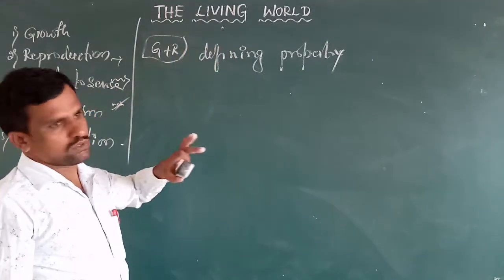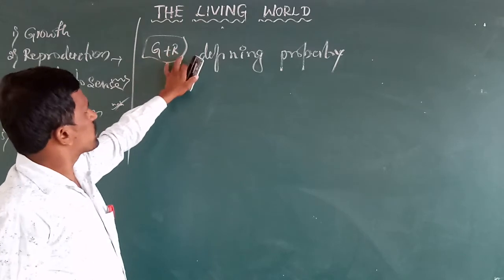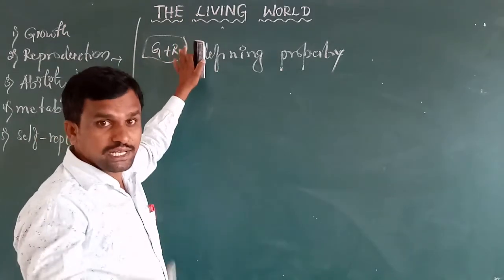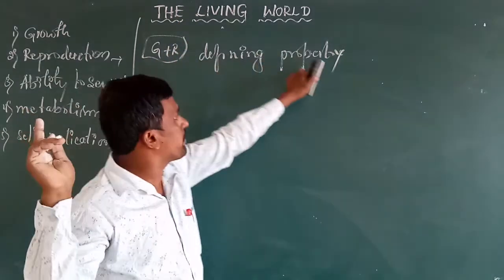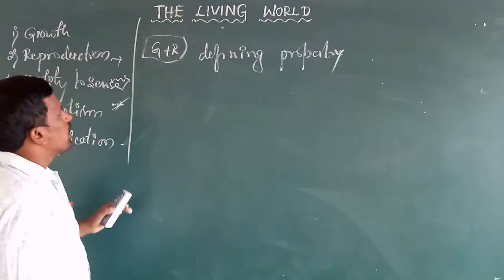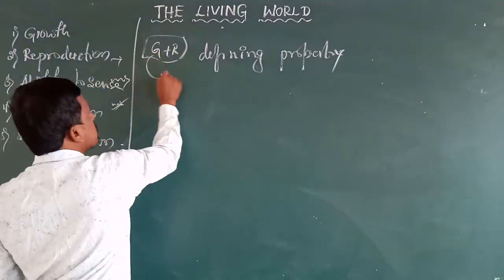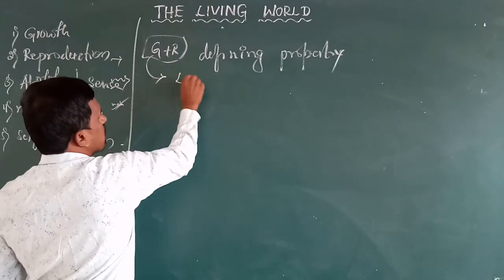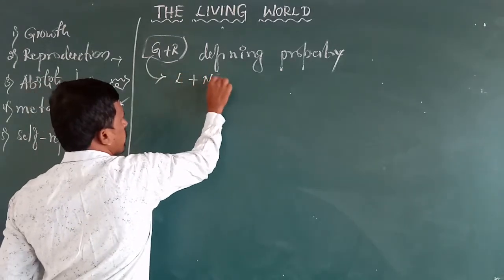It may ask you more questions. Why are growth and reproduction not considered defining properties of living organisms? Because growth takes place in living organisms and also in non-living things.